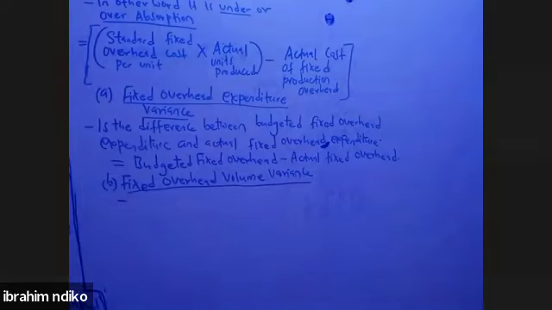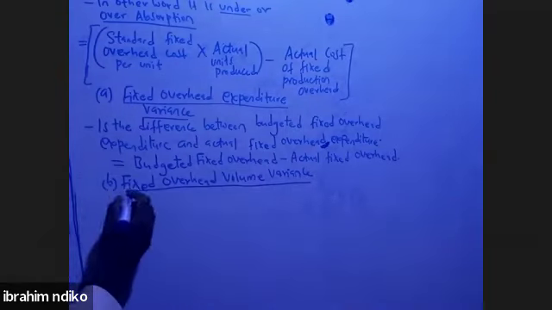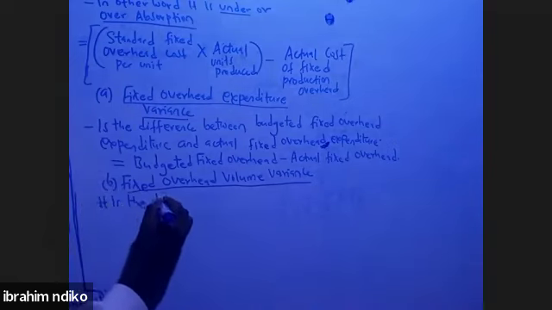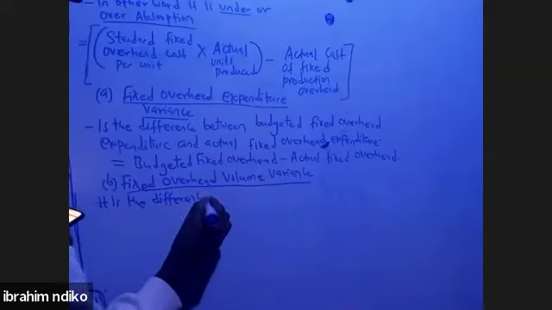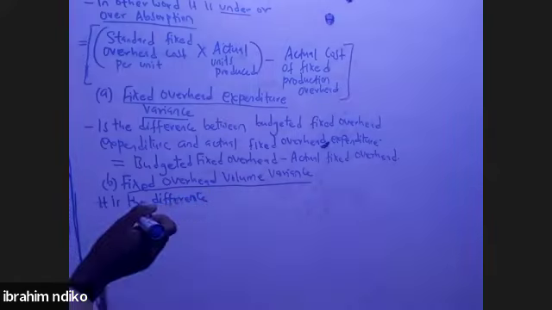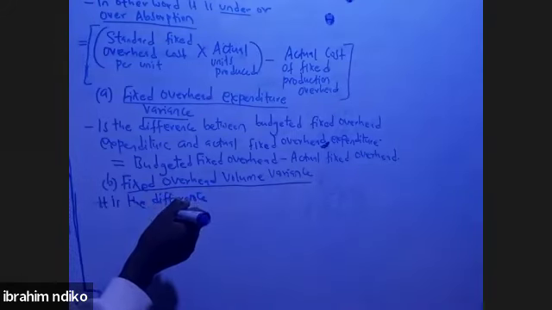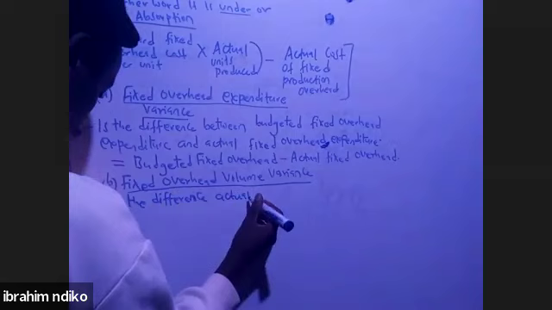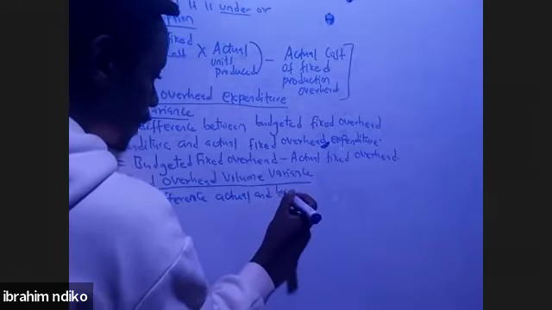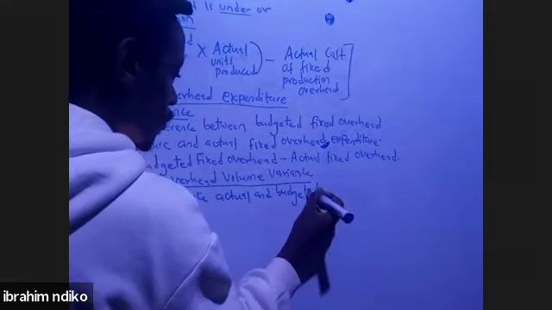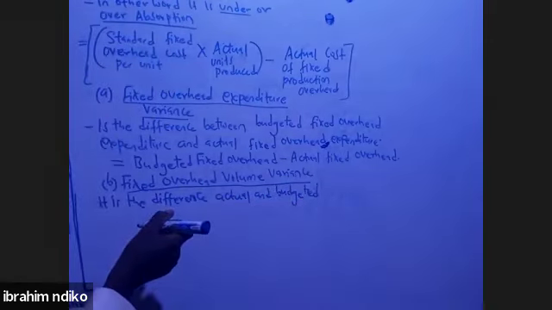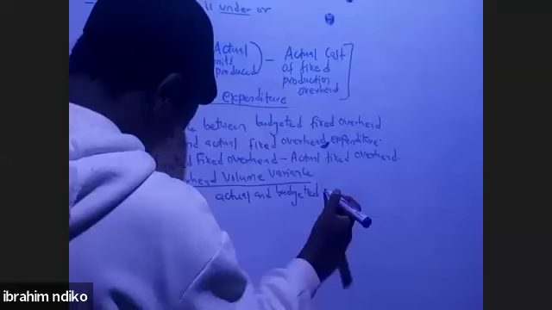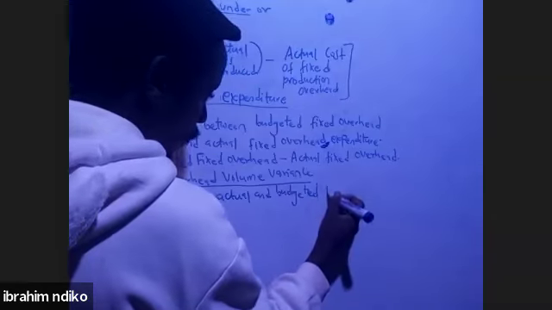So fixed overhead volume variance is the difference between the actual and budgeted production volume.